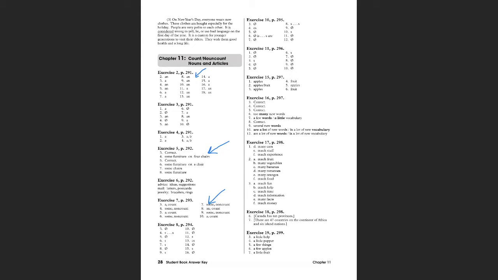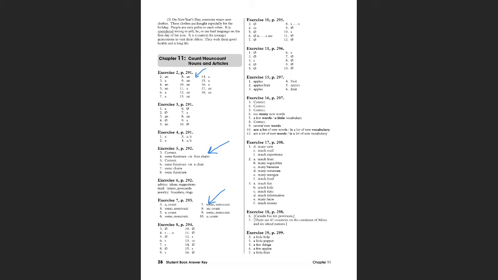Exercise number 3. Number 7, count. And the number 4, some, non-count.